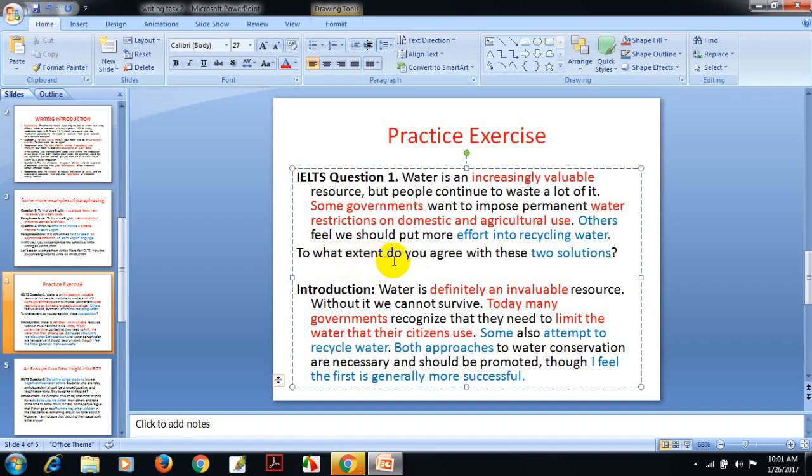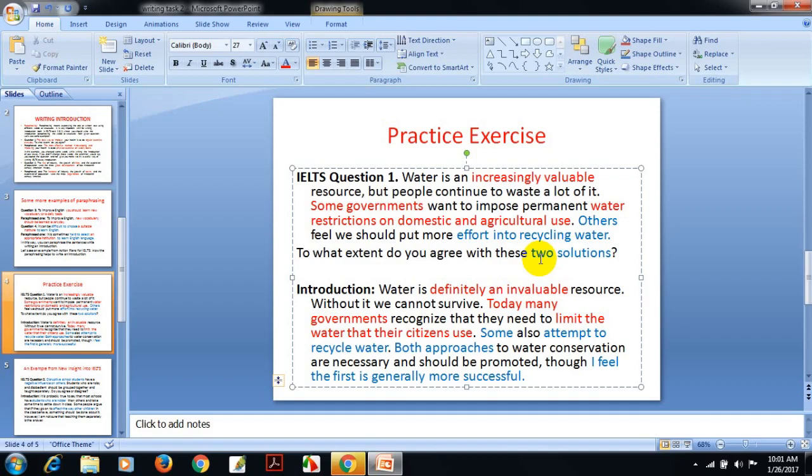To what extent do you agree with these two solutions? Okay, in the question you have to see what is fact and what is opinion. The fact is here: use of water is increasing day by day.